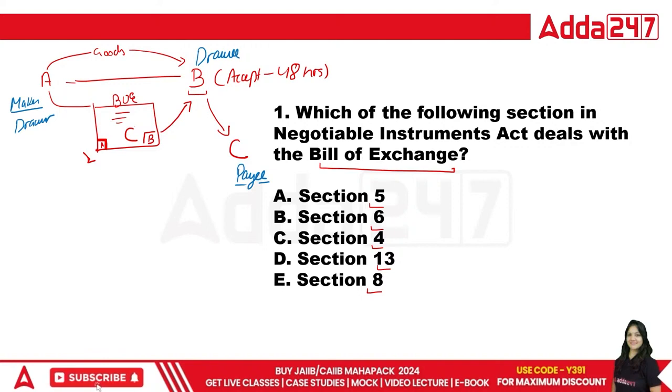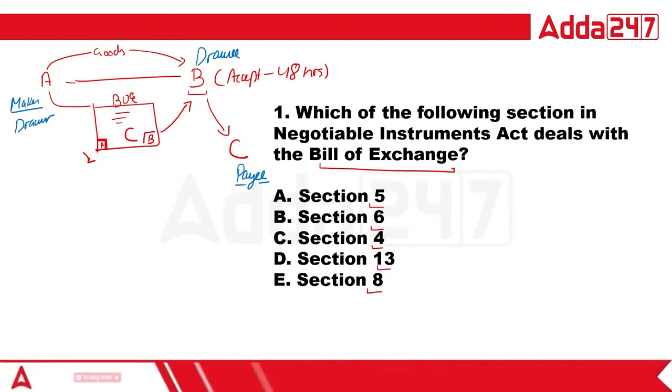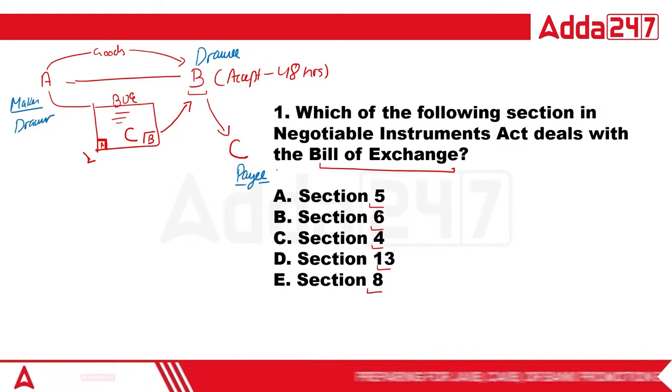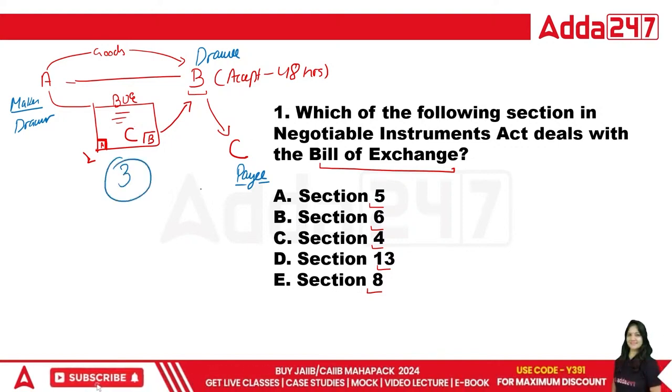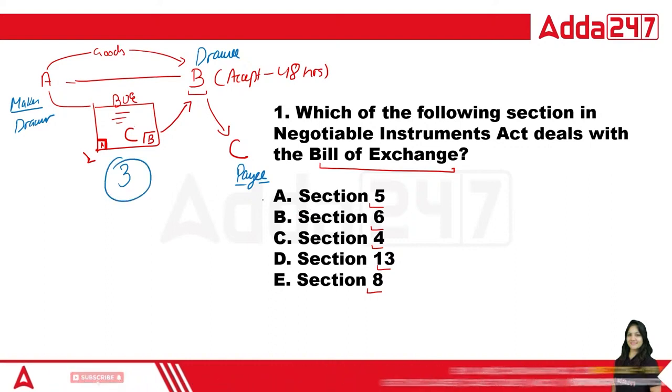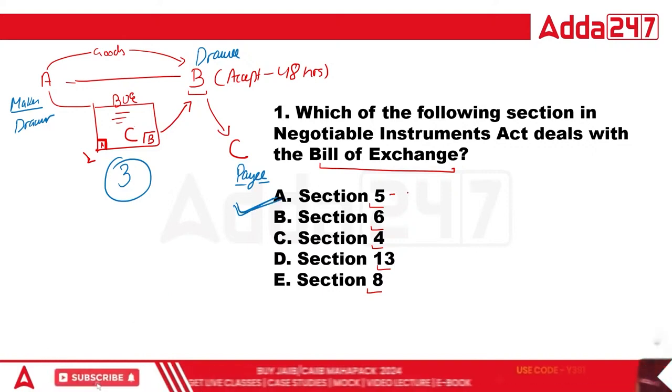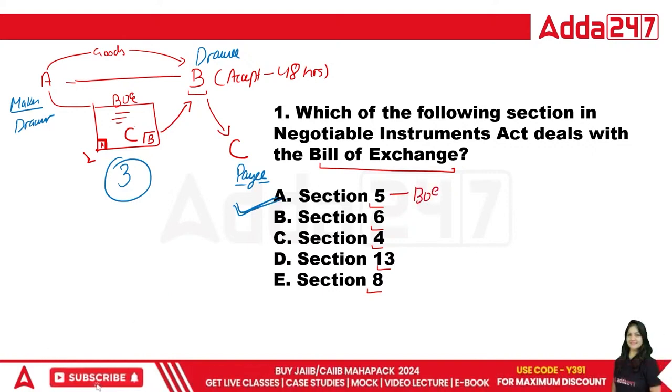So, in the bill of exchange, if any question comes, the total number of parties in the bill of exchange is 3. Okay, and the definition is defined in this part. So this is the right answer. Section 5 is bill of exchange.